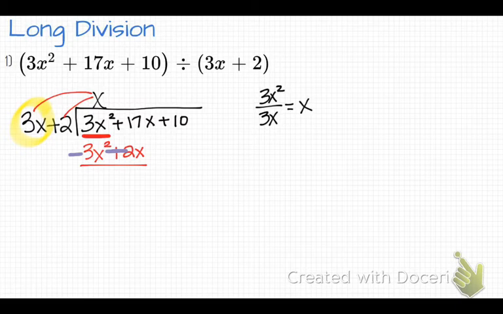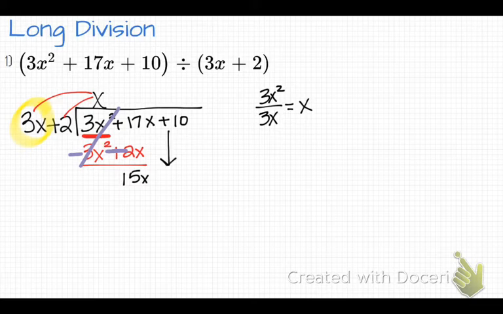So pretty much I have parentheses there, and I just distributed a negative through. What is 3x squared minus 3x squared? 0. Good. And what is 17x minus 2x? 15x. Good. What do I do next?